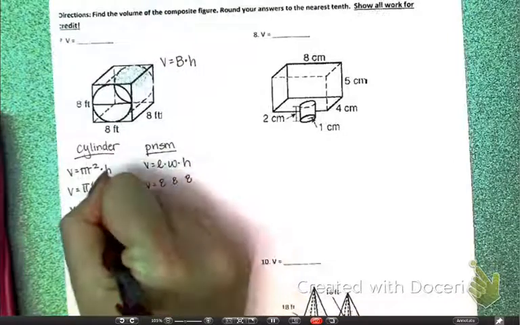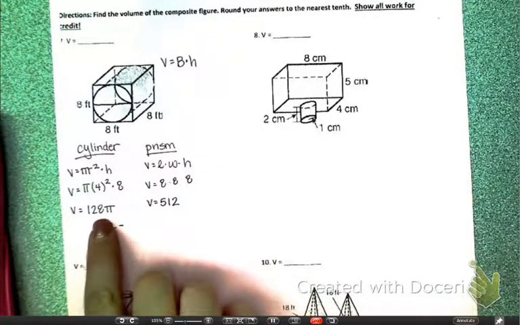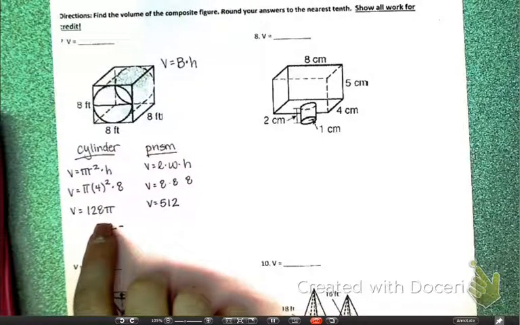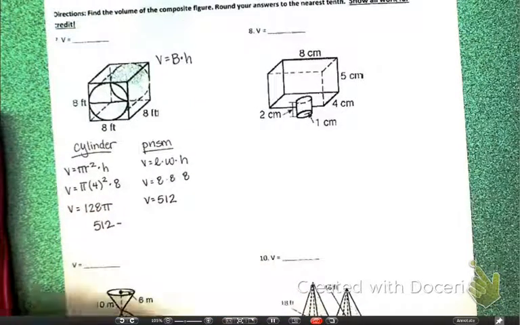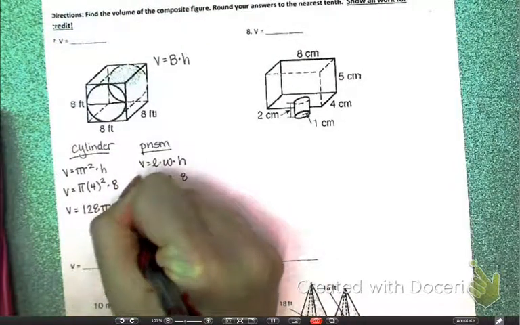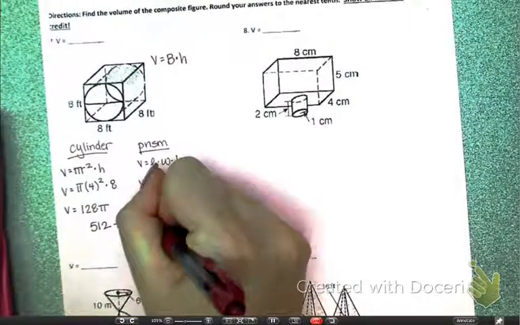So we need to do 512 minus this 128 pi. But we can't subtract 128 pi from 512. So this is where you actually have to multiply by 3.14 so we get a decimal for this 128. So 128 pi is really the same as, let's see, round to the nearest tenth, 402.1.